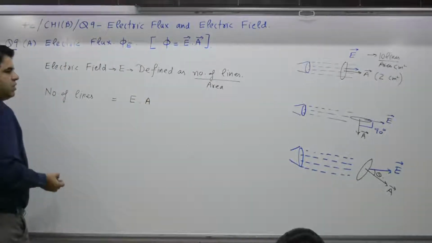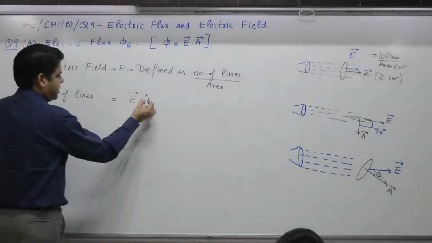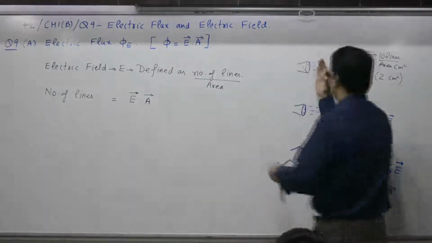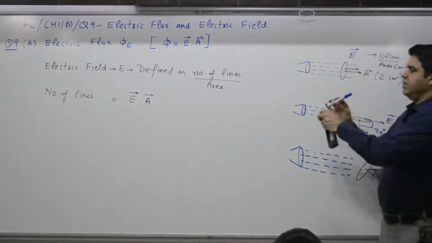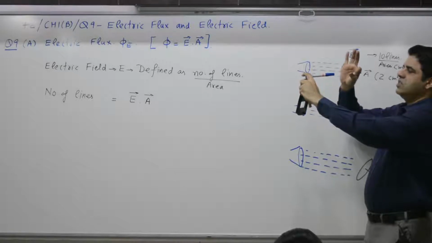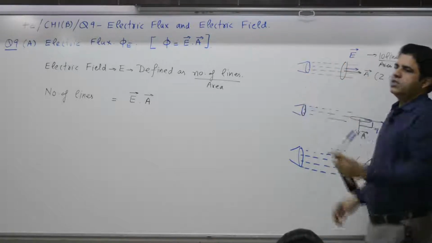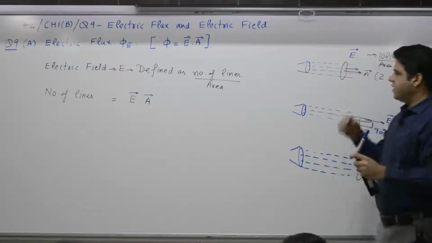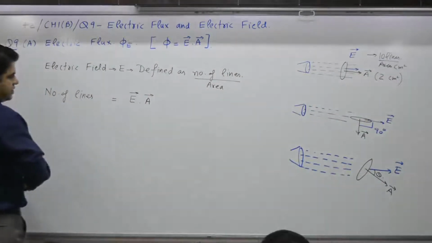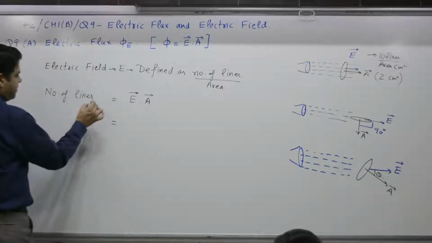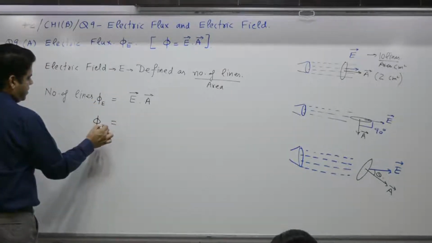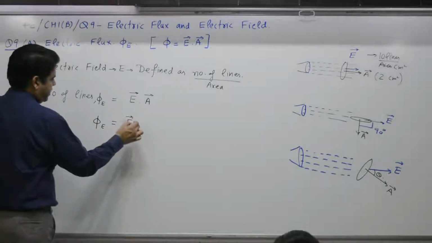We want to take into account the directional aspect, because when you rotate this ring, when the direction changes, the outcome also changes. That is why we can write this as E dot A. So electric flux phi E is equal to E dot A.